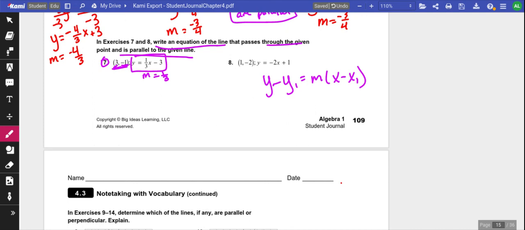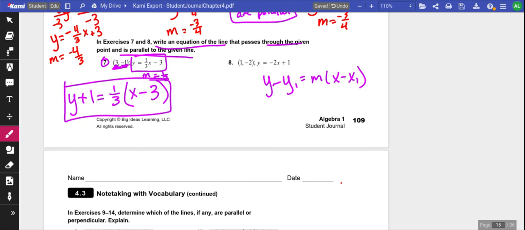I get y minus y1, which is negative 1. I'm not going to write out minus negative 1, I'm going to say plus 1. And that's equal to m, which I know is 1/3, times x minus x1, so minus 3. It didn't say what format it had to be in, so I'm just going to leave it in point slope form.